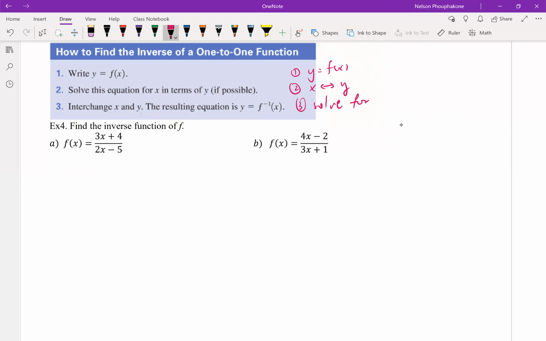So that means they swap steps 2 and 3. However, I would like to show you this way, and it will be more clear why I show it this way in the next sections. Okay, so anyway, how do we actually do this?